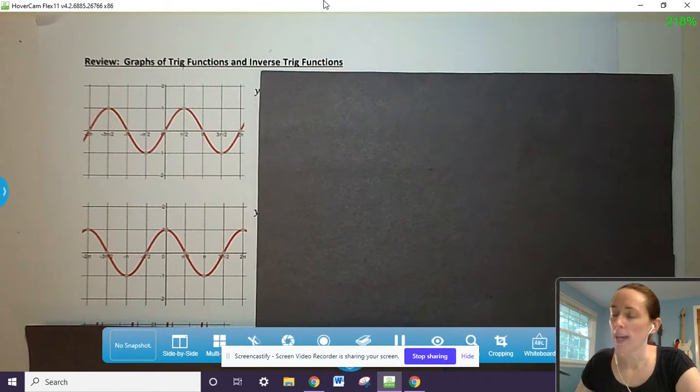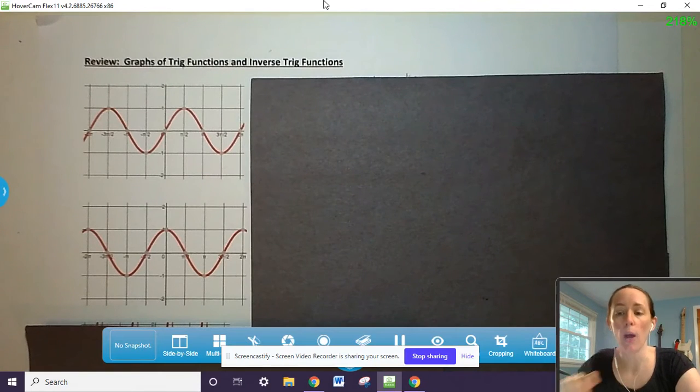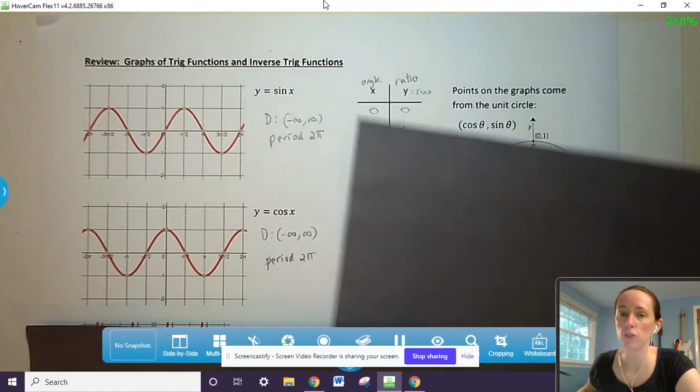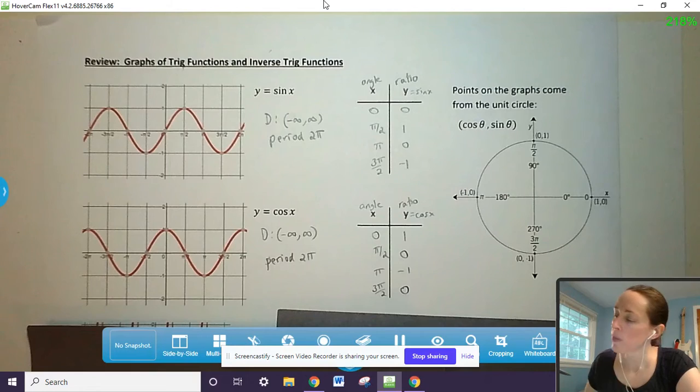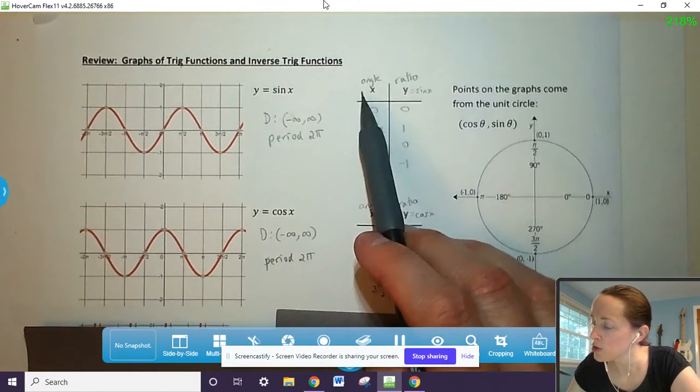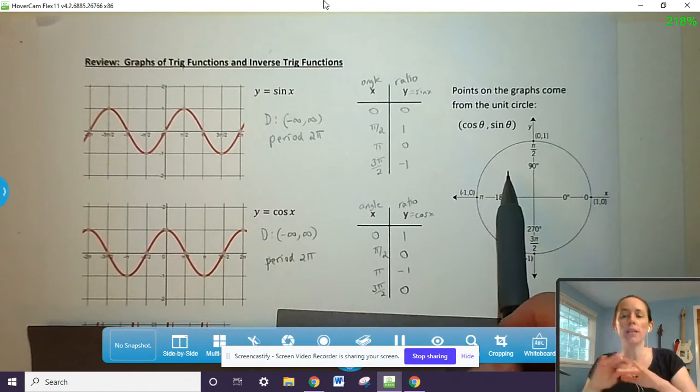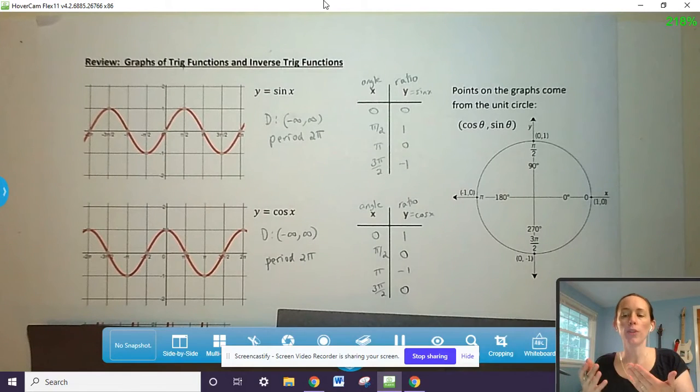Now, if you ever forget what these graphs look like, remember how we started them. When we first started learning how to graph trig functions, we used the unit circle. We actually plotted a lot of points the first time, but then we realized the critical values all occur at quadrant angles, multiples of 90 degrees.